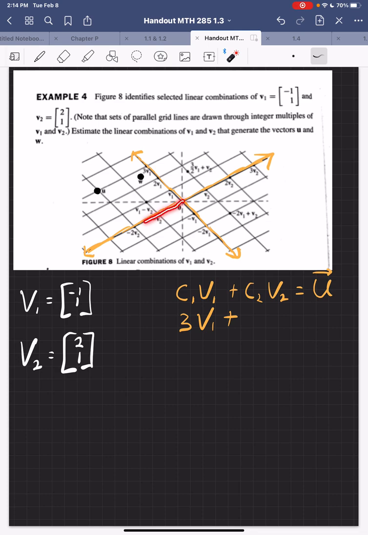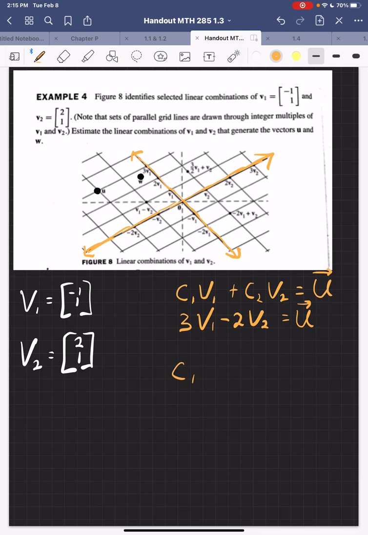Well, you can see that once I get to negative 2 v sub 2, I've arrived at the vector u. So I need 3 v sub 1 minus 2 v sub 2. The result is that we have reached this destination u.